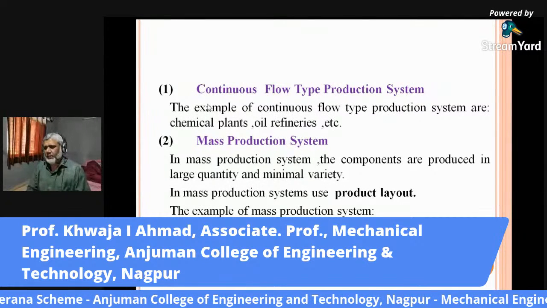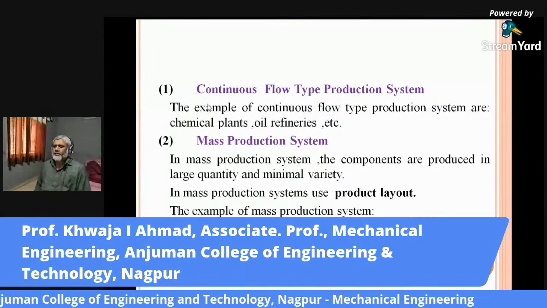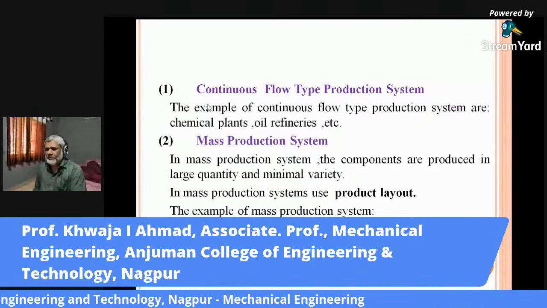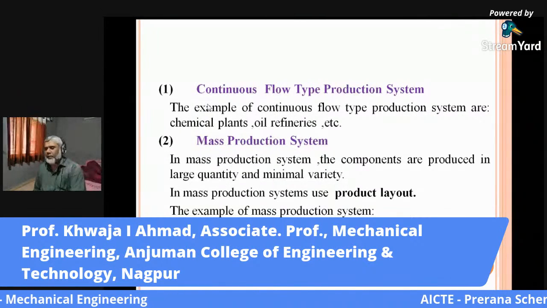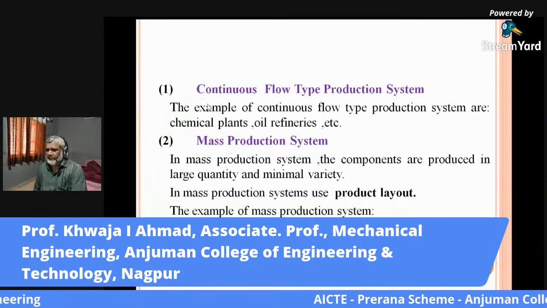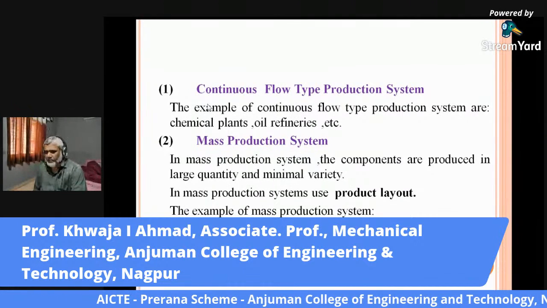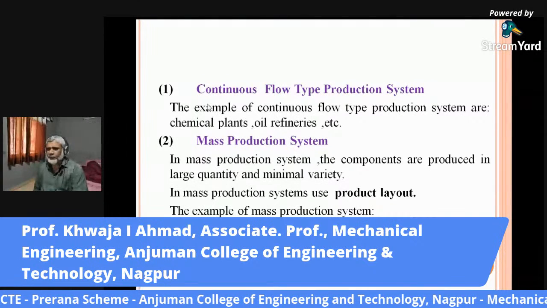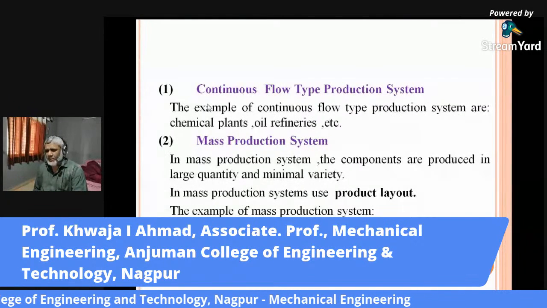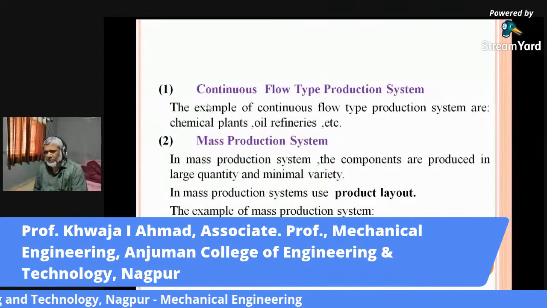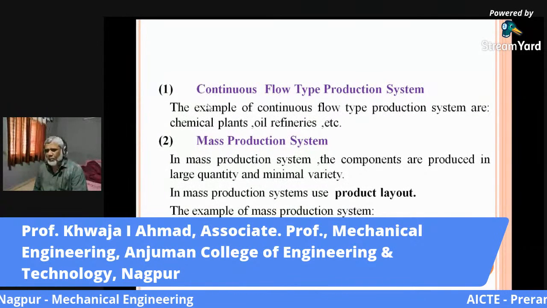Similarly, in mass production system, the components are produced in very large quantity, and again the variety of the component is very minimal, as we have seen in the previous slide. The mass production system uses a product type of layout, and examples of mass production systems are manufacturing of nuts, bolts, springs.